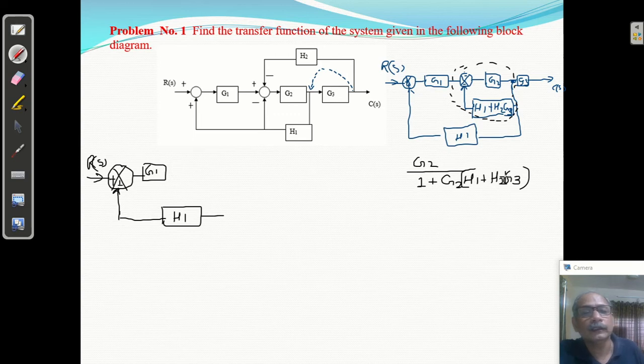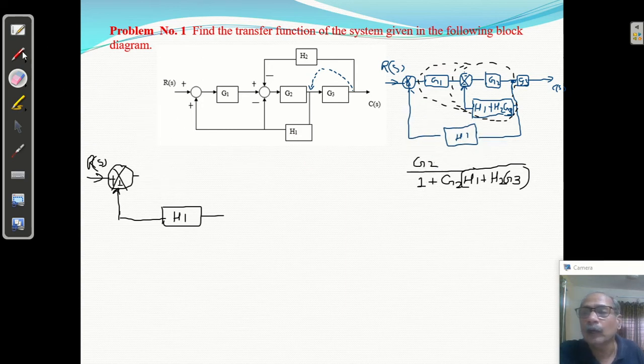Okay, so this is the value I got from here, and it is cascade with G1. Okay, it is cascade with G1, so I'm not going to use this, so I'm removing it.